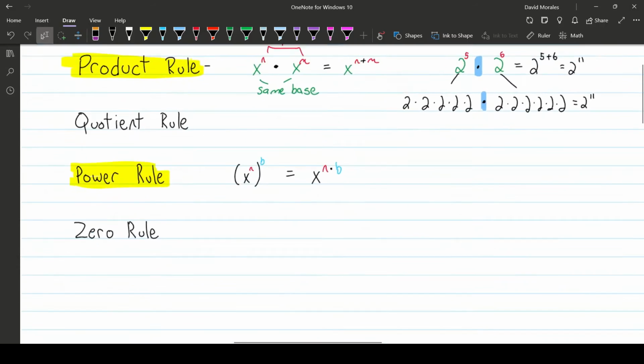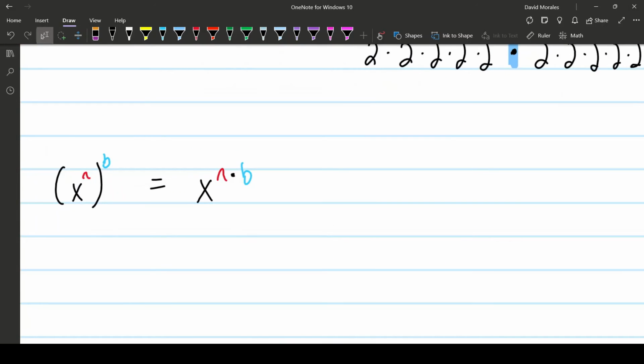The power rule states that if I have x to the n, which can be any number, raised, as you see in these parentheses, to the b, which is also any number, then you actually multiply these exponents.